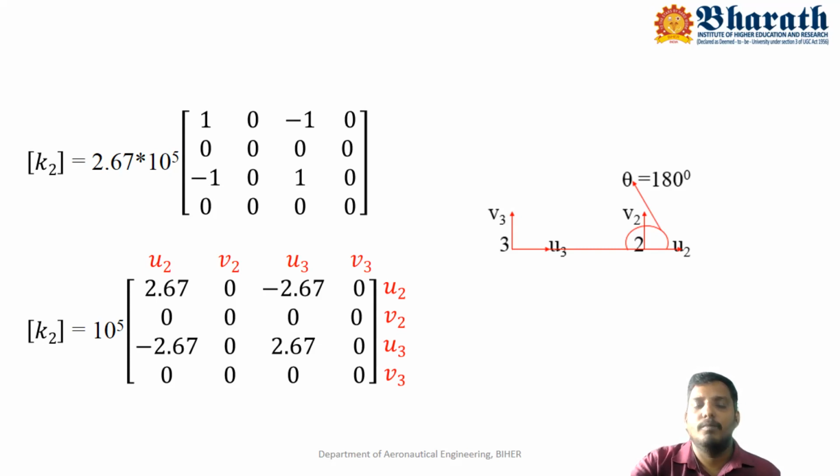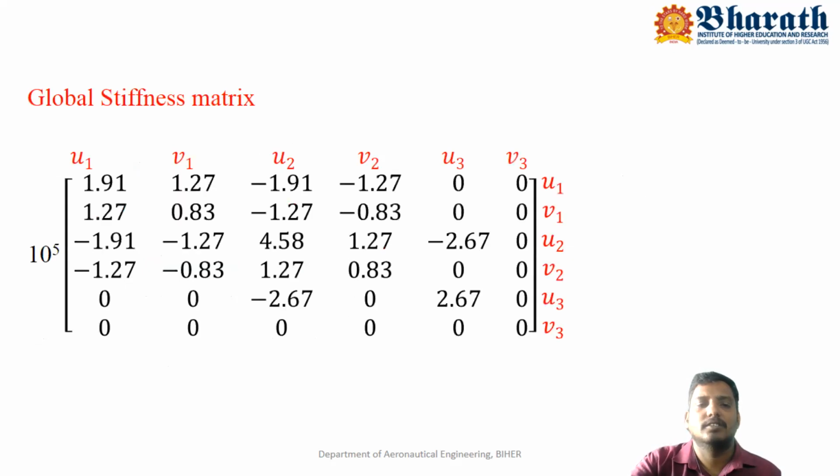Now once we develop the stiffness matrix for all elements, we have to assemble them, and then we will get the global stiffness matrix. How do we do that arrangement? We look at the combination of U2, V2, which is 1.27. How do we get this 1.27?